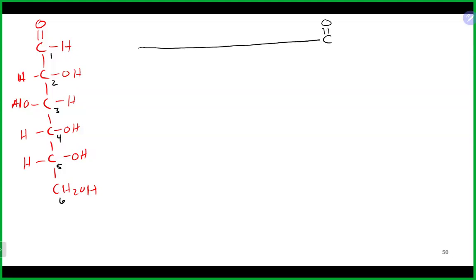If you just dropped it on its side, I'll just do CH2OH here at the end, and I'm going to count this the same way. That'll be carbon number 1, carbon number 2, carbon number 3, carbon number 4, carbon number 5, and this would be my carbon number 6.